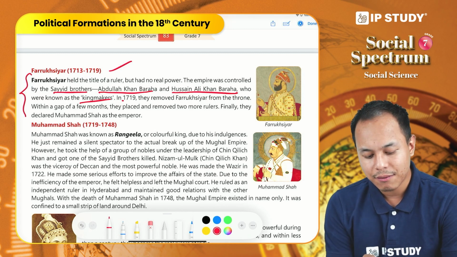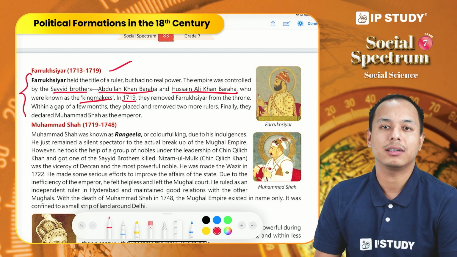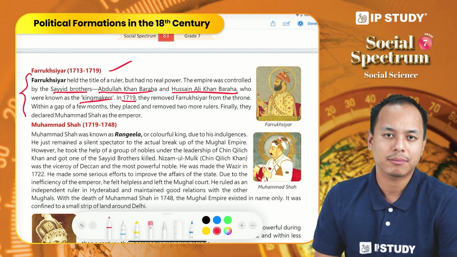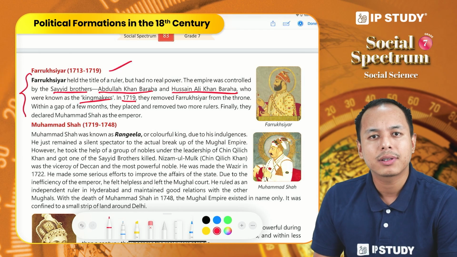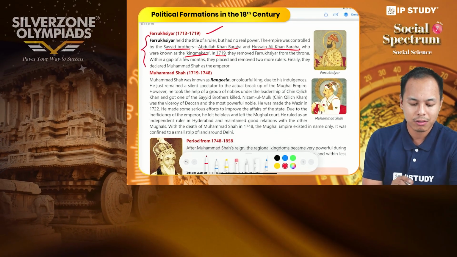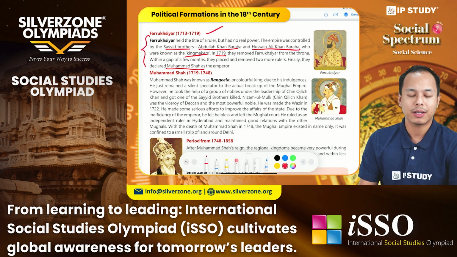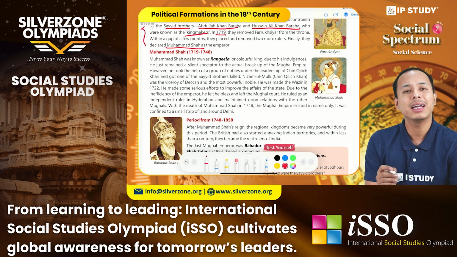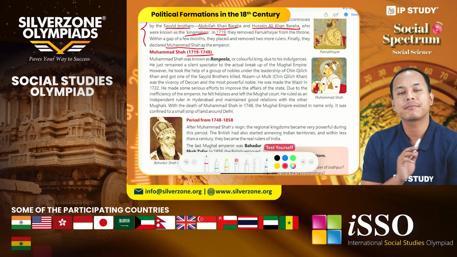As such, in 1719, they removed Farrukhsiyar and replaced him with their own puppet king. However, after a few rulers, they did not like the rulers, and eventually they replaced all of them with Muhammad Shah as the emperor.